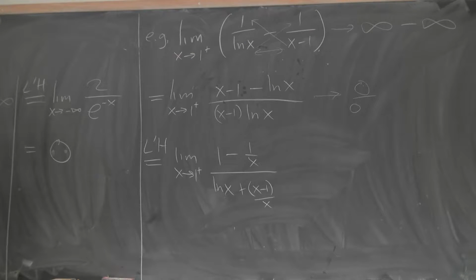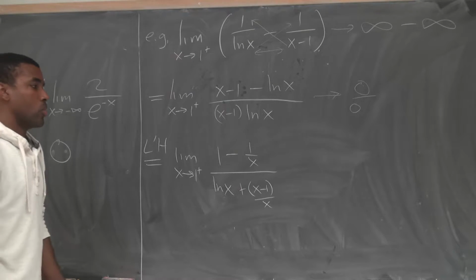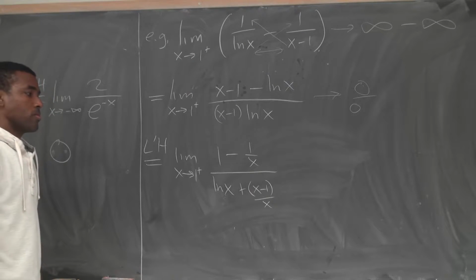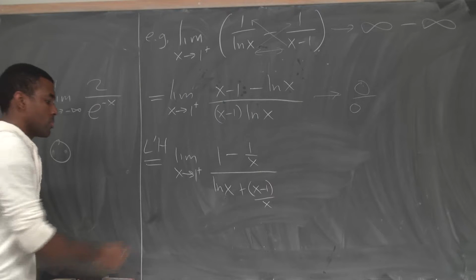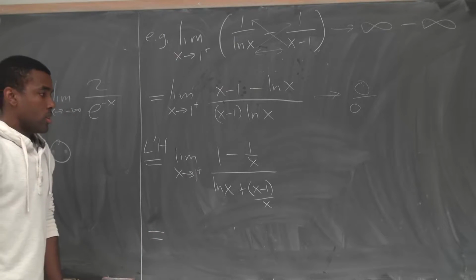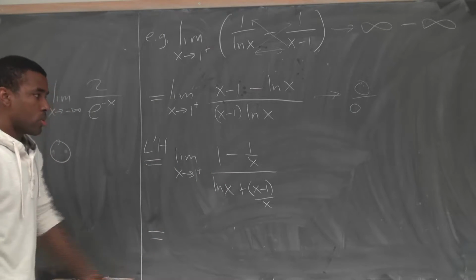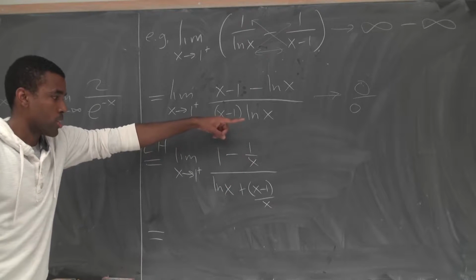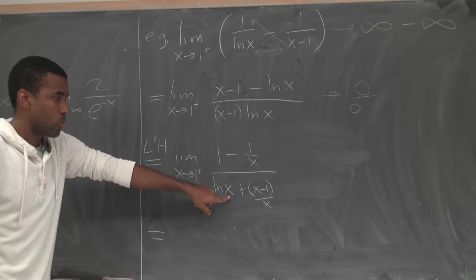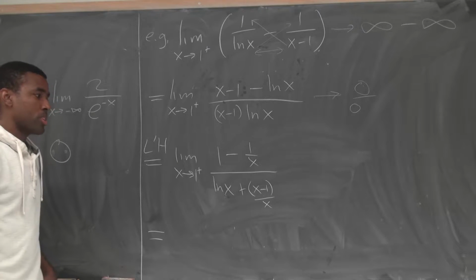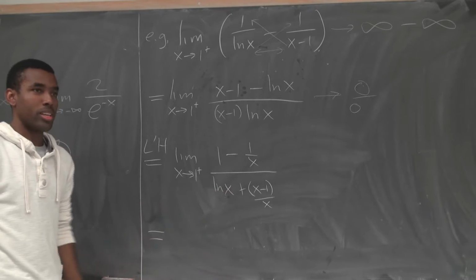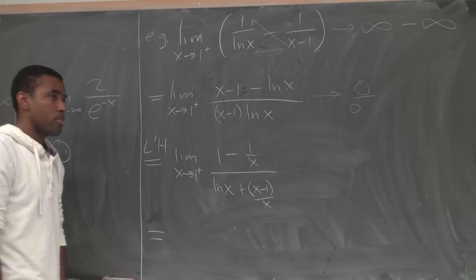What happens now? If I plug in 1 here, I get 1 minus 1 on the top, that's 0 over 0 again, right? Do I automatically apply L'Hopital's rule? Well, I'm not really looking forward to differentiating things like that. So I can simplify, right?